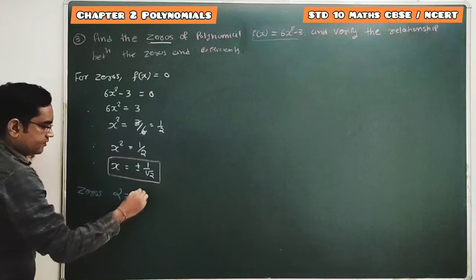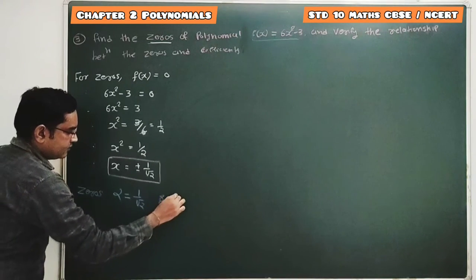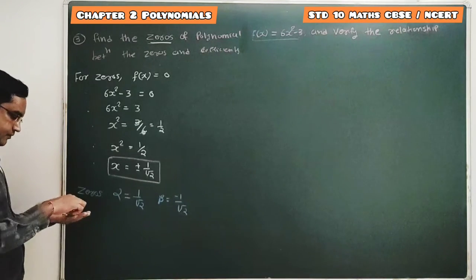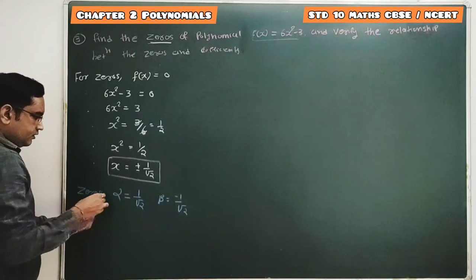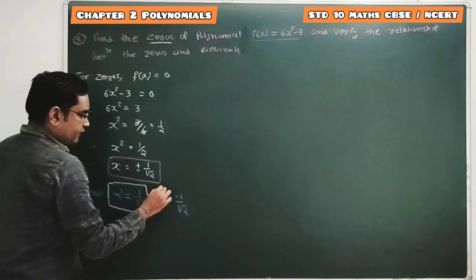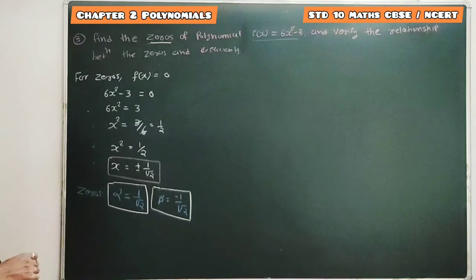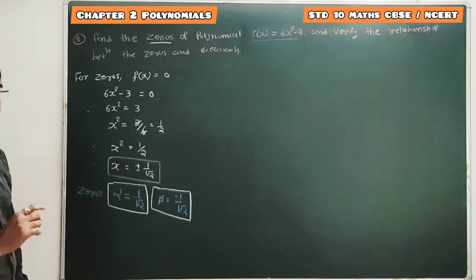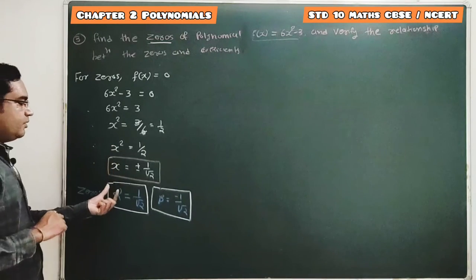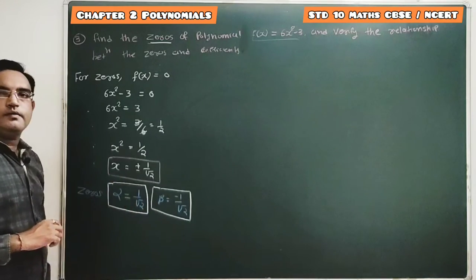So alpha is 1 upon root 2 and beta is minus 1 upon root 2. Clear students? So this is the solution of the first part, in which we have to find the zeros of the polynomial. As the given polynomial is quadratic, we are getting 2 zeros, alpha and beta.